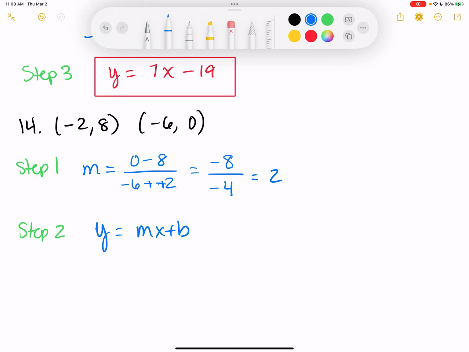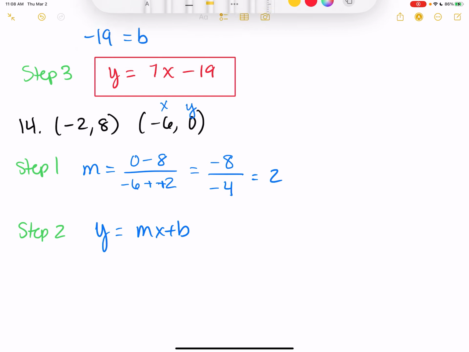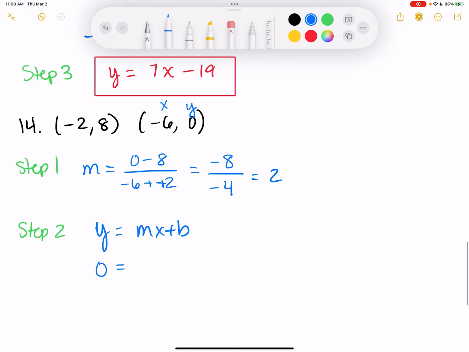Slope is already identified. I'm going to identify x and y. So I have 0 is equal to 2 times -6 plus b. So 2 times -6 is -12.